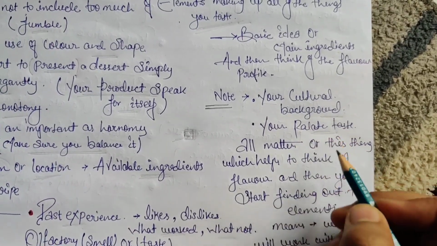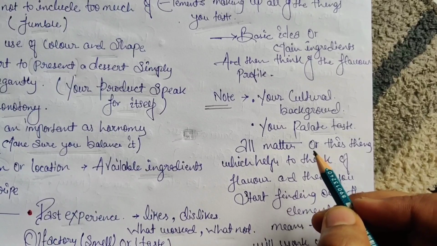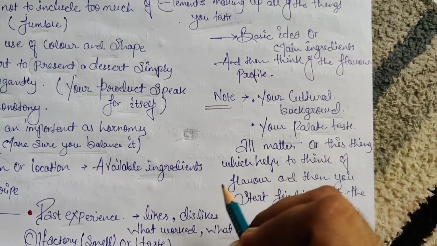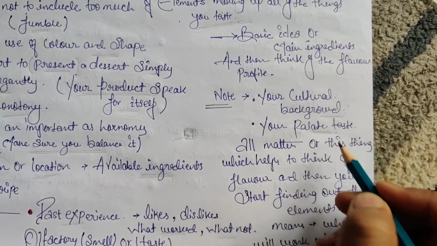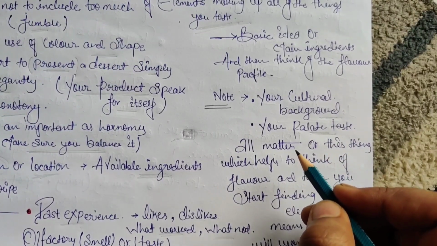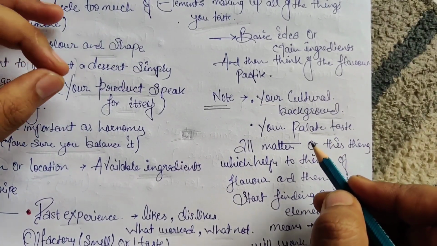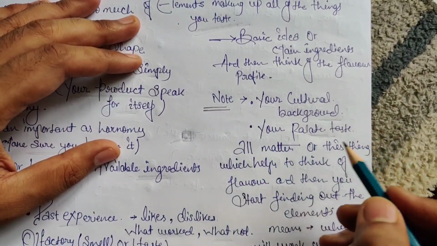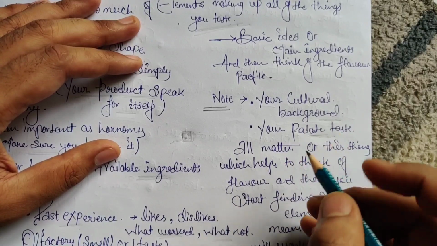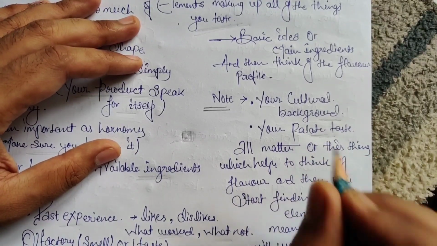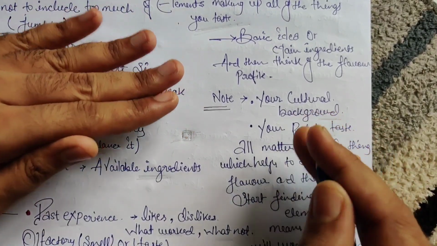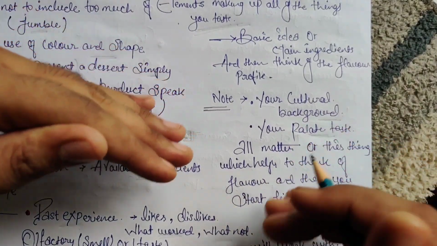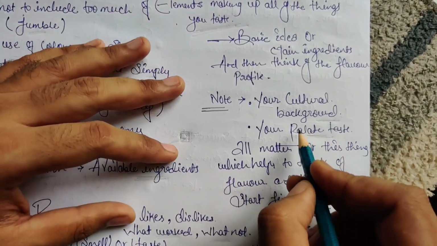Your palate taste, how you taste it, what you think this flavor will work with. Palate taste is about how your palate understands a particular taste. If I feel this is sour, it is definitely going to be sour for everyone, right? But what you feel from it, whether it's a balanced sour or very high in sourness, that is going to be your own.